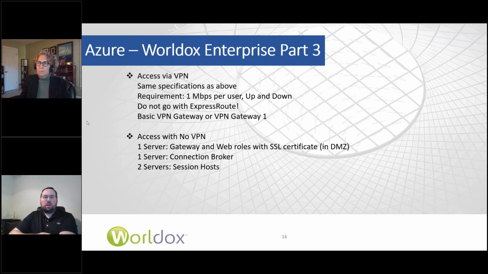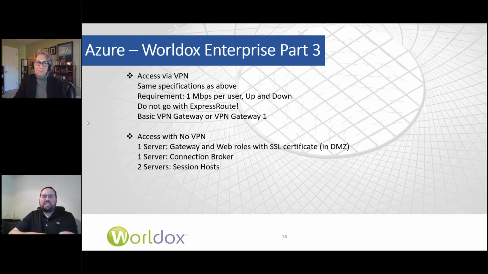So there are a number of VPN gateway SKUs that Microsoft gives you, and they all do the same rough thing. Really, the only difference between them is how much traffic you can exchange over them, and what they charge. Obviously, the more traffic you want to be able to send back and forth, the more they charge you for it.